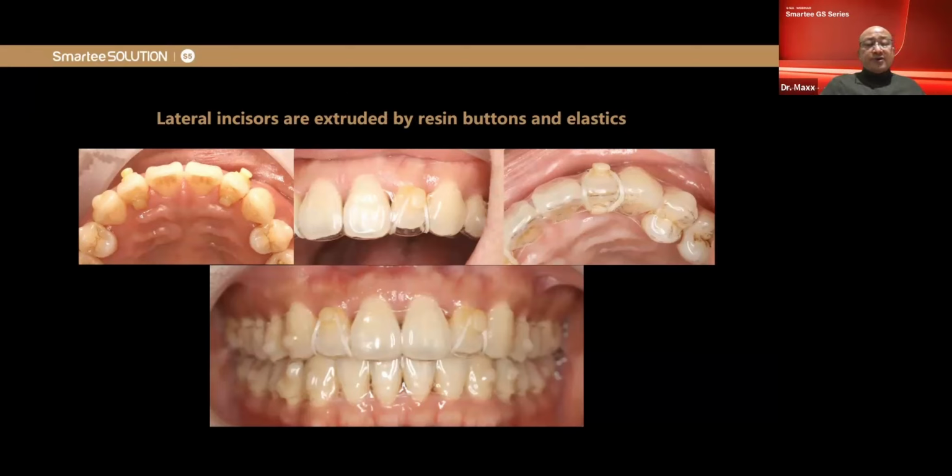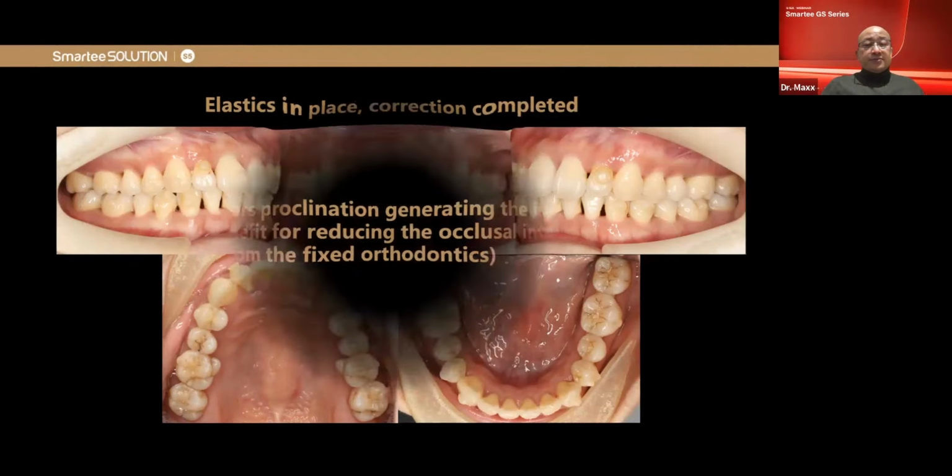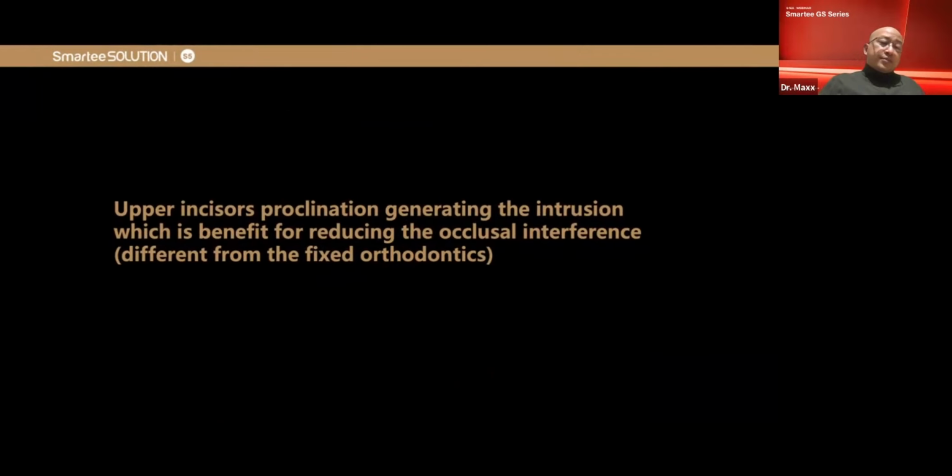But this gives us an idea in the treatment of crossbite. This is one of the key points. Upper incisor proclination generates intrusion, which is a benefit for reducing the occlusal interference.